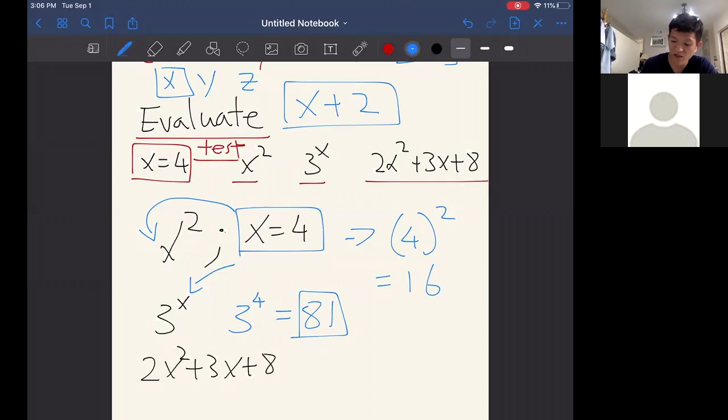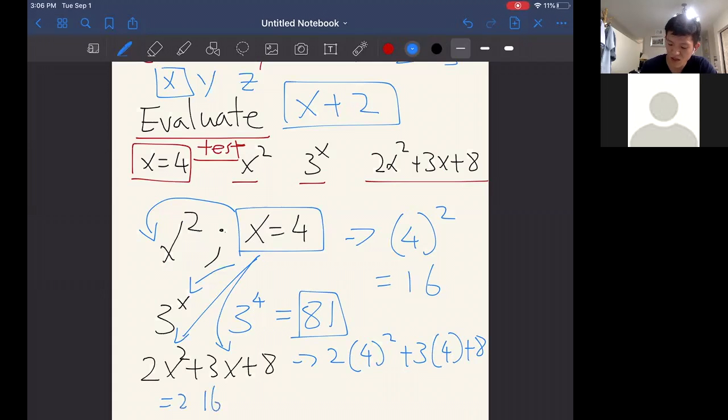Well, in this case, we have to plug that in to the x spot and the x spot there, and then we get 2 times 4 squared plus 3 times 4 plus 8, right? Now that's equal to what? 4 squared is 16, so 2 times 16 plus 3 times 4 is 12, plus 8. Well, 2 times 16 is 32, plus 12, plus 8 is 20, and that's equal to 52. So this is the answer, right?